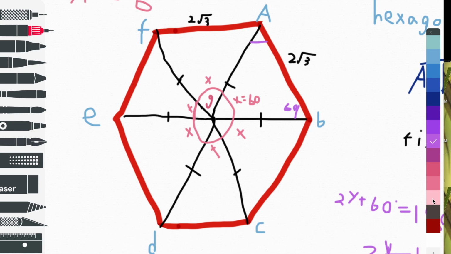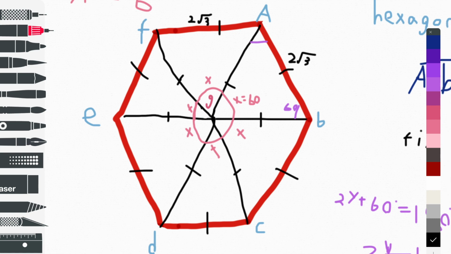Let me do that in the black color. This side must be congruent to all the other sides, and this one too, and this one too, and this one too, and this one, and this one. So now we can solve for the area, since we already know this side right here is 2 square roots of 3.